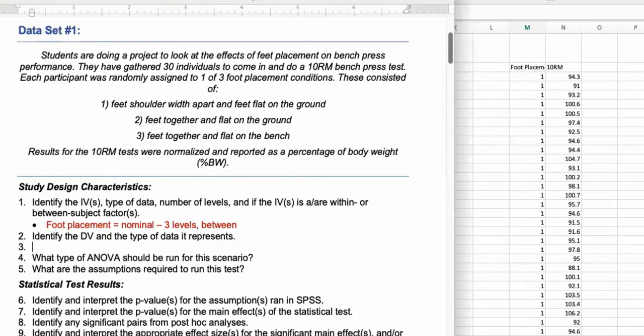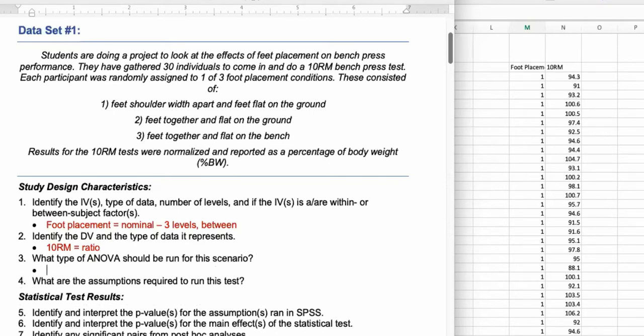What's the dependent variable? Kind of already said that. Yeah. So percent body weight is the unit we're measuring. Technically, it's like our 10 RM weight, or the weight that was able to be lifted for 10 reps. And we would say that's ratio data, as most of our examples in this class are.